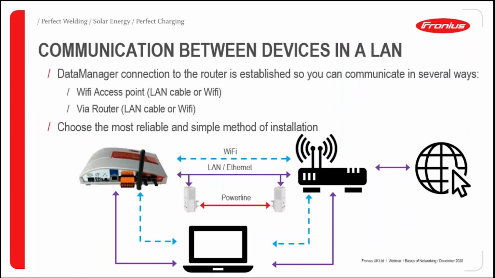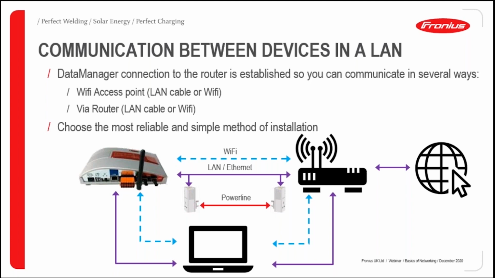So the FRONIUS Data Manager is designed to offer maximum flexibility when it comes to connection options. The device itself is equipped with Wi-Fi access and also with LAN. So that means you can connect your laptop or smart device either by Wi-Fi or by a hardwired cable, and then you can connect the device to the router also by Wi-Fi or by a LAN Ethernet cable.